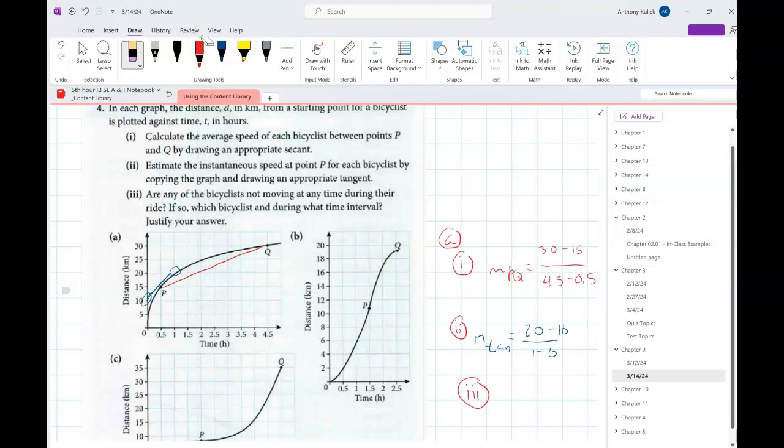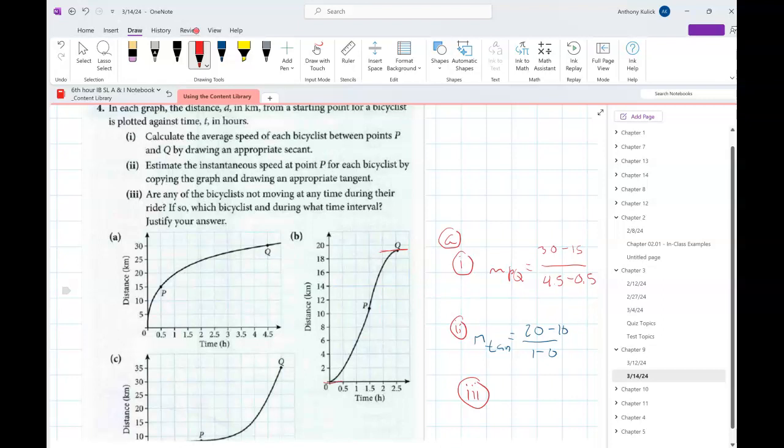So let's look at graph A. I'm going to erase these marks off of there. Is there any place on there where when I draw a tangent line, it's going to have a slope of 0? No, right? Because there's no horizontal parts to the graph. How about for B? I think if I drew that at Q, that would have a horizontal tangent, right?